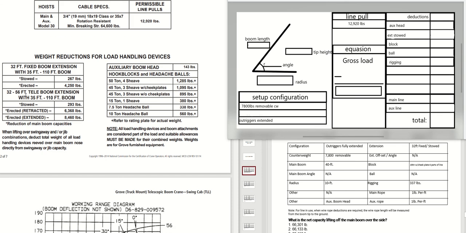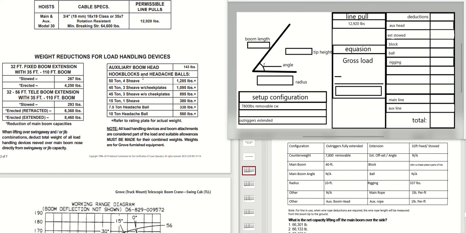Here, this is going to be all of your deductions page. So anything underneath the tip of your crane is considered a deduction. That is an addition to the load that you're going to be picking up. You have to add this. So this plus the weight of your load will be your gross load, the total load that your crane is picking up, because even though it's attached to the crane, it's still a deduction.